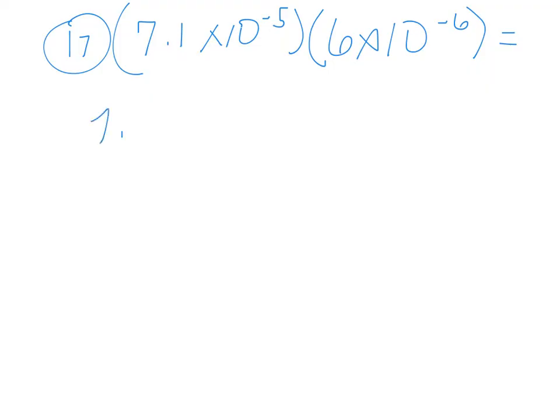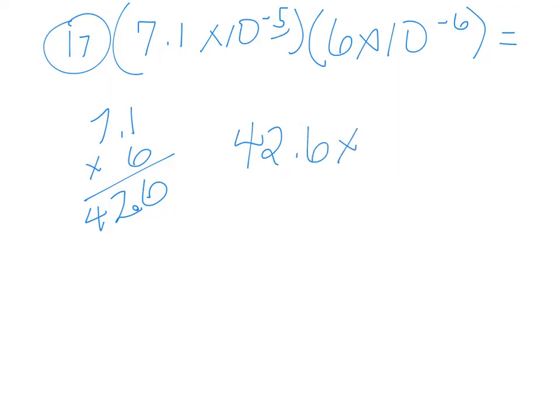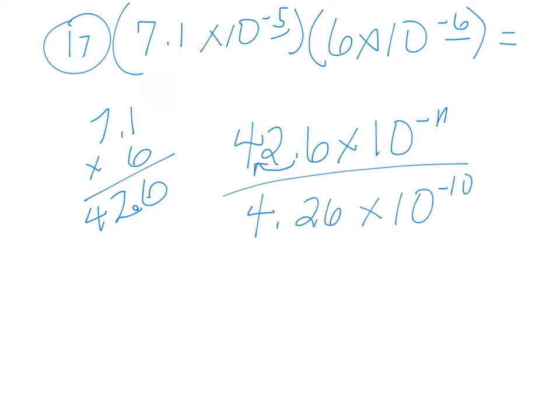So 7.1 times 6 is 42.6. And then we're going to add negative 5 plus a negative 6, and that gives me a negative 11. Let's move the decimal one place to make it proper. And that's our answer to 17.